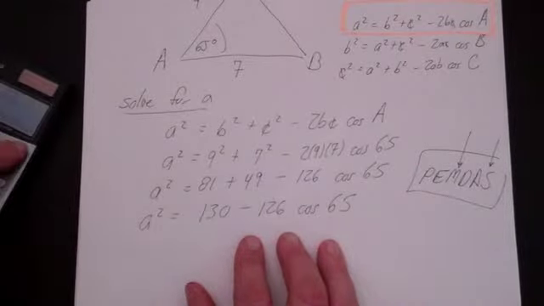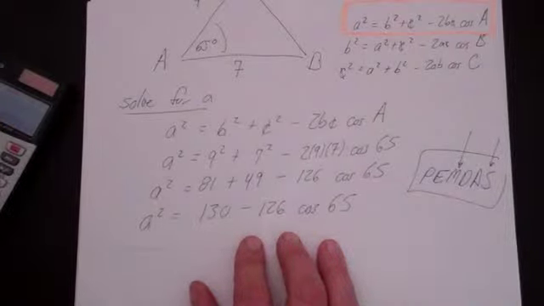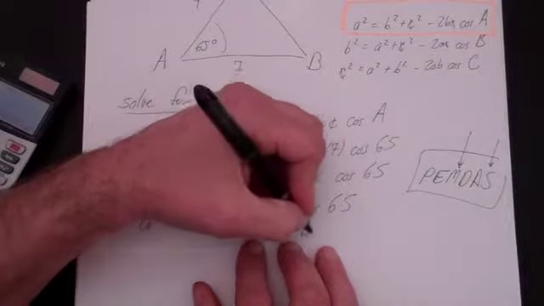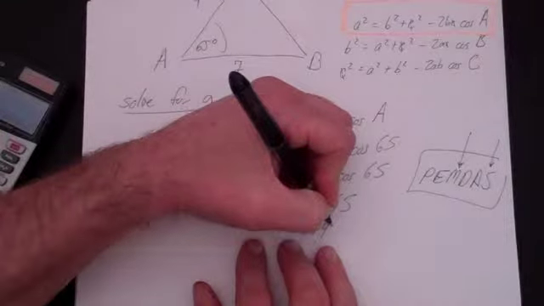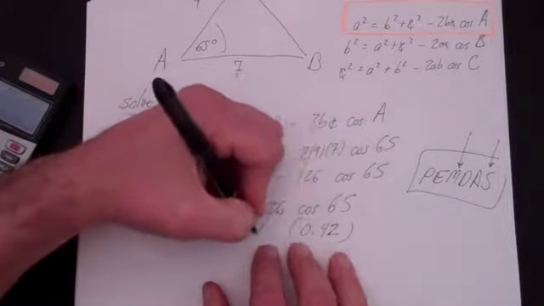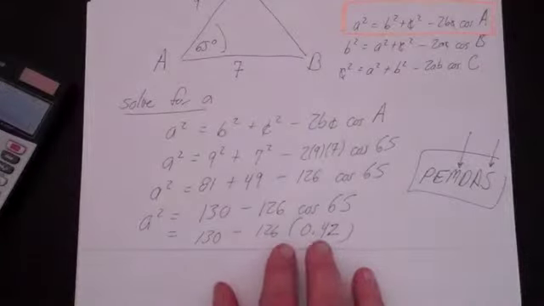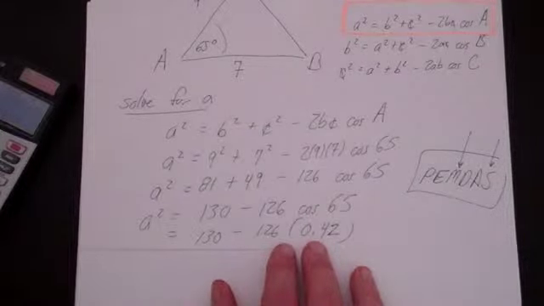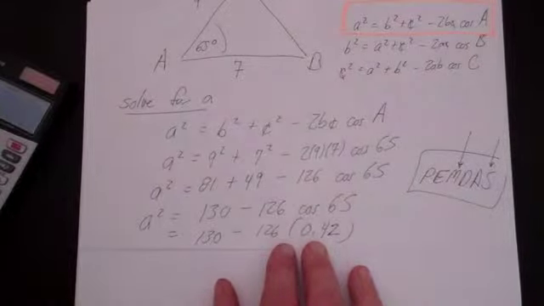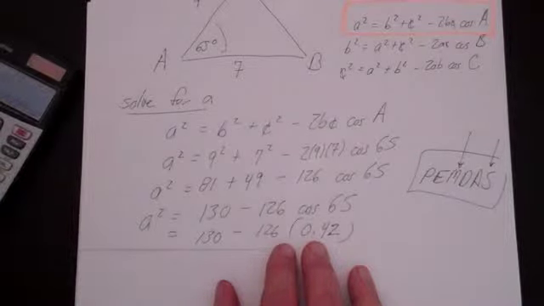Cosine of 65 is about 0.4. Let's call it 0.42. 126 times 0.42 is, actually I got that wrong.